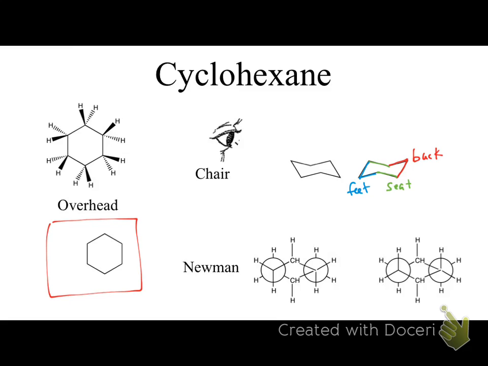But the next thing, just because it's fun to look at Newman projections, so we might as well. We can also take our chair, or take our cyclohexane, and instead of looking at it from the side or the top, we can look at it, hopefully I don't break it, in a Newman projection. So if you look at my left hand, you see the Newman projection?